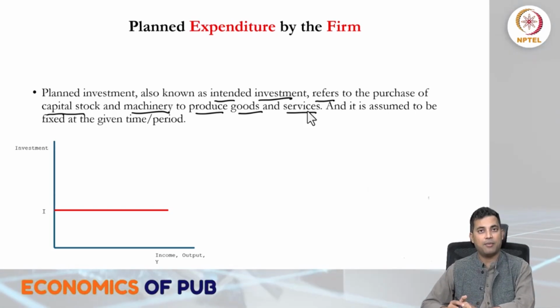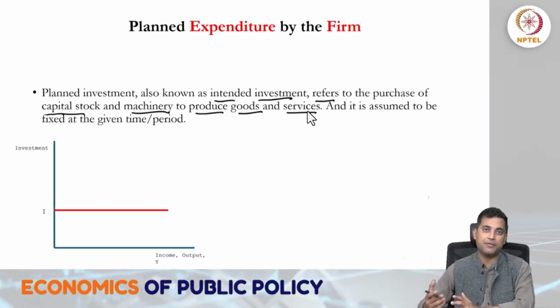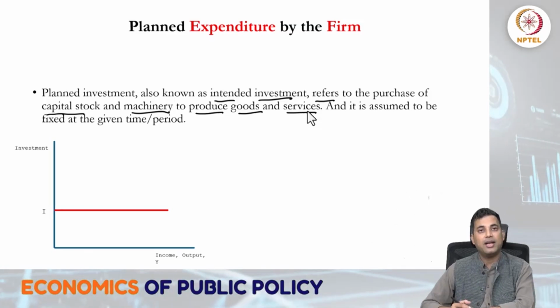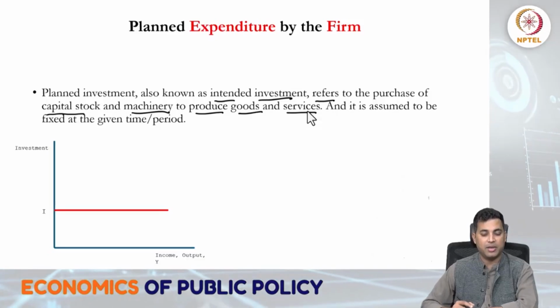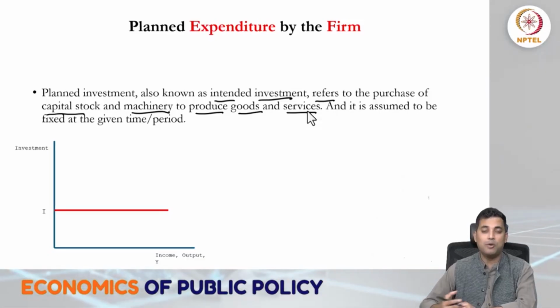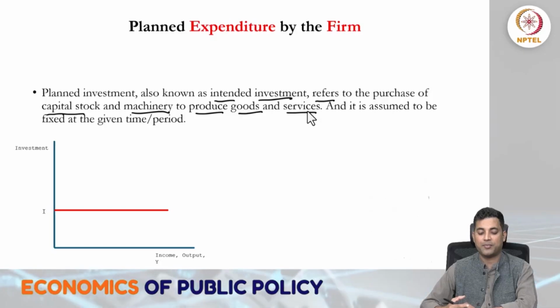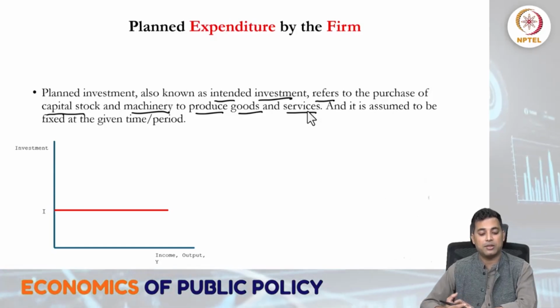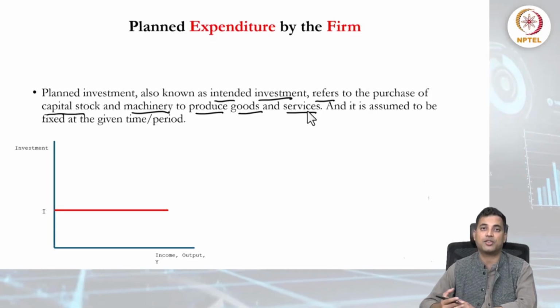So for any firm, if we take the period as 1 year, then planned expenditure will depend on how much intended investment there is on the purchase of capital stock and machineries for the production function.